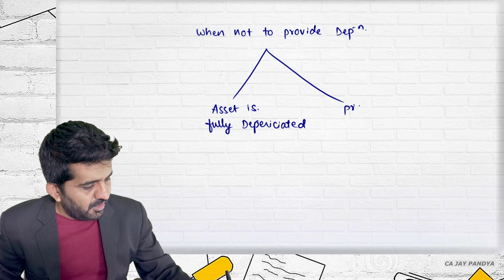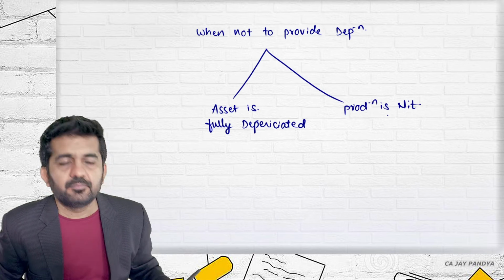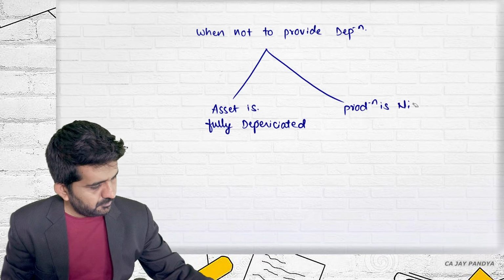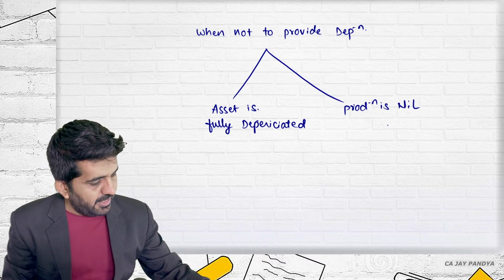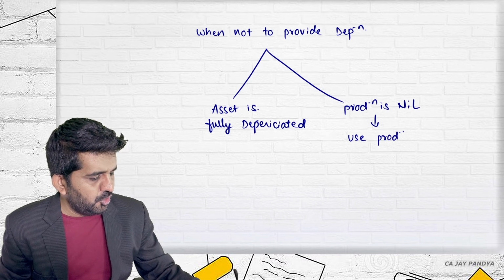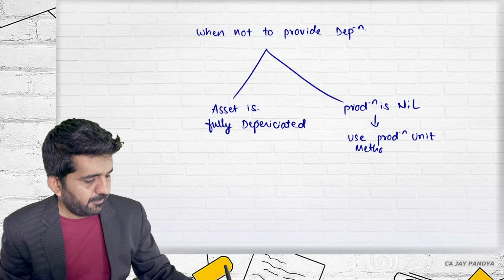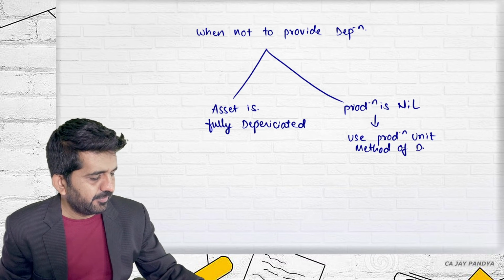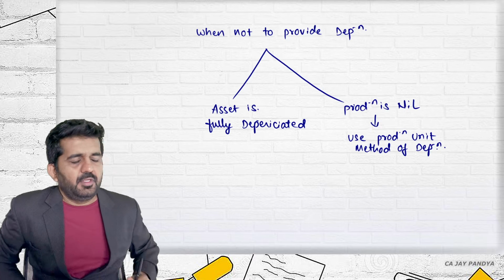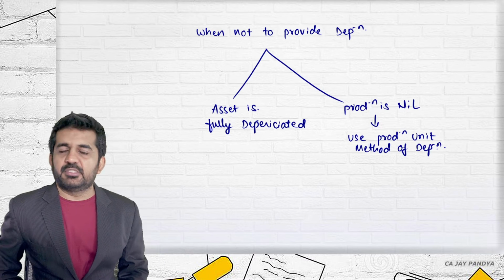And if the production is nil and you use the production unit method of depreciation, then you don't provide depreciation. Correct.